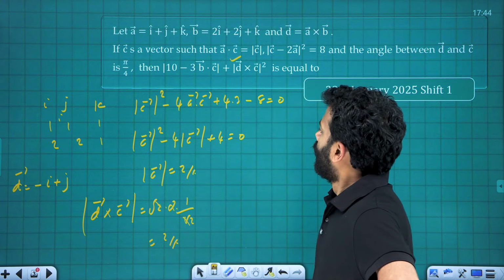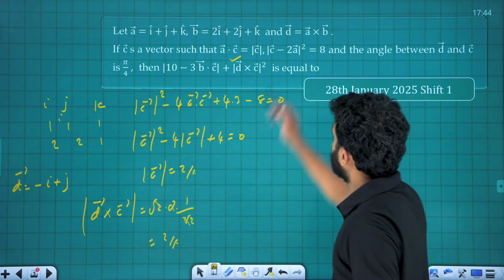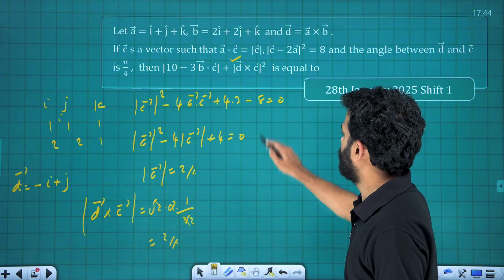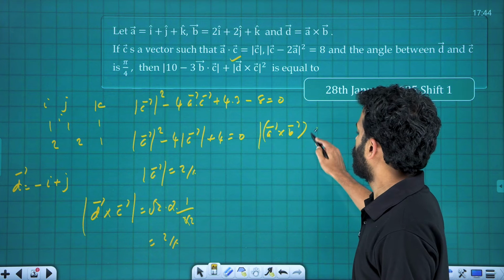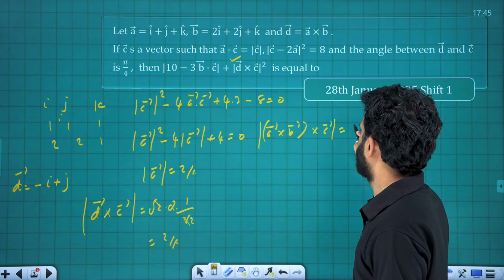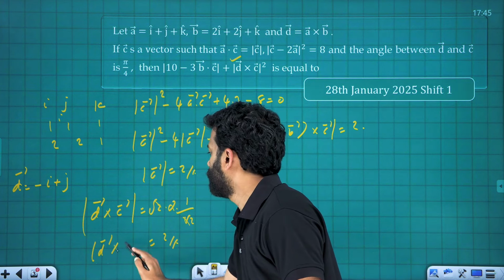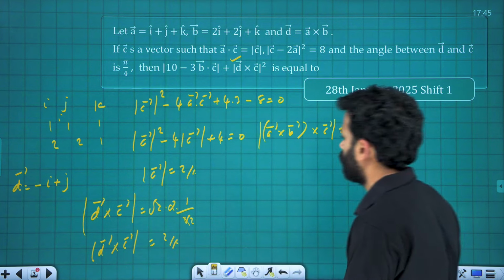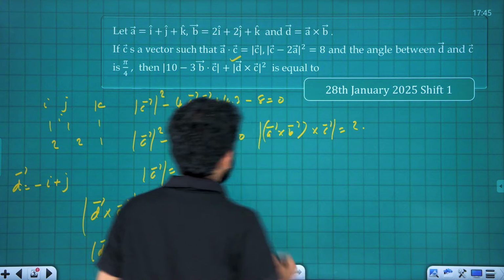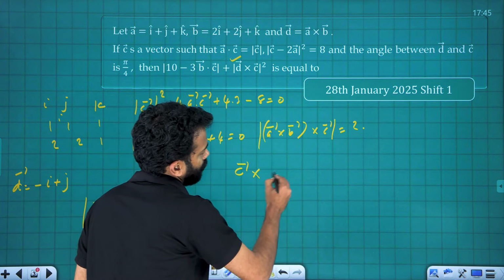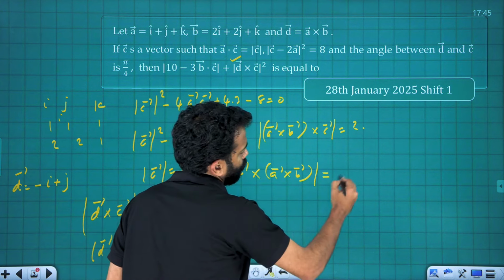Vector D is equal to vector A cross vector B. So this can be written as vector A cross vector B cross vector C, and the magnitude of vector D cross vector C is equal to 2. Instead of vector D, I substituted vector A cross vector B. Just reverse it and you will get vector C cross vector A cross vector B; the magnitude will be 2, it won't change.